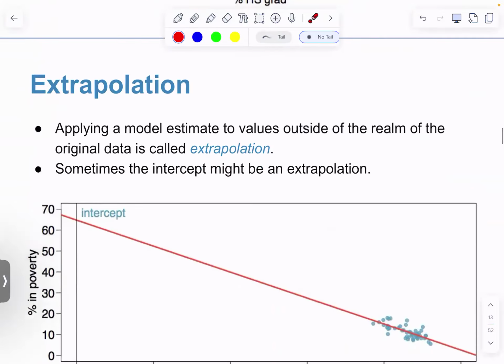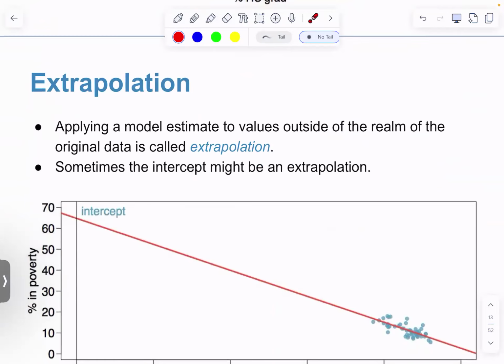But first, we need to introduce extrapolation. Extrapolation is a term that we use in common language to mean outside the realm of things you know, an extension of what you know.